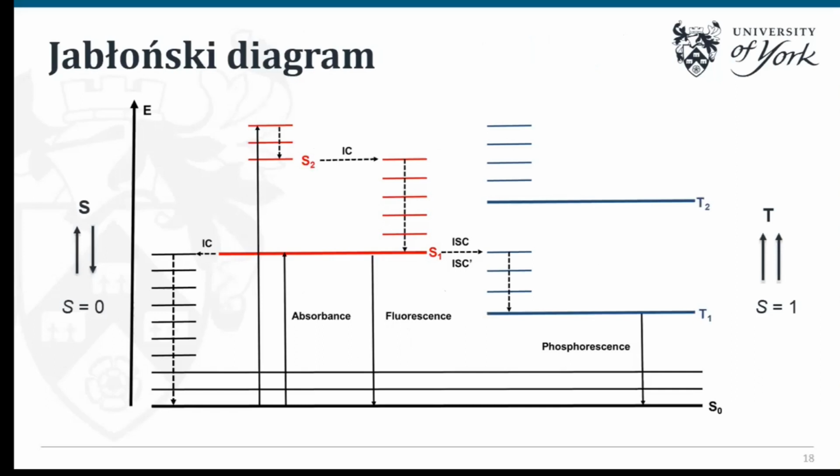There is a slight complication due to whether a state is singlet or triplet. Electrons have an innate spin of a half, but they can spin in different directions, either effectively clockwise or anti-clockwise. This means when you get two electrons pairing up together, there are two ways they can pair.